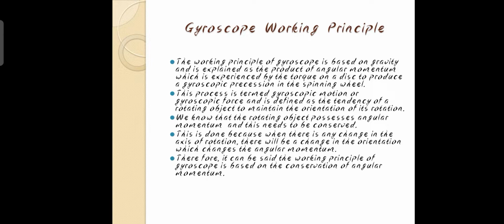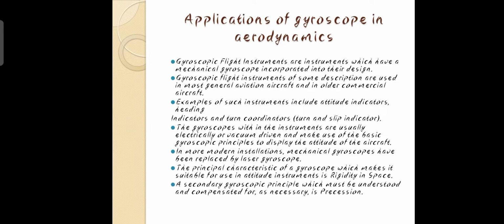We know that a rotating object possesses angular momentum and this needs to be conserved. This is because when there is any change in the axis of rotation, there will be a change in the orientation, which changes the angular momentum. Therefore, it can be said the working principle of a gyroscope is based on the conservation of angular momentum.